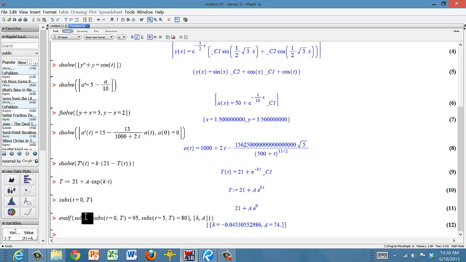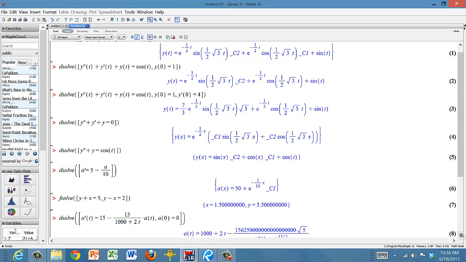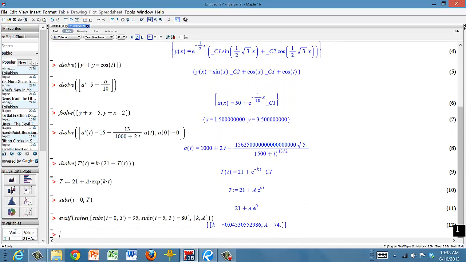And there you go. There's the constants that you want. So now you should write that down. A is 74 and k is negative 0.05. That'll probably be good enough for us.